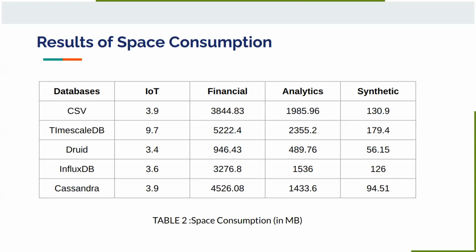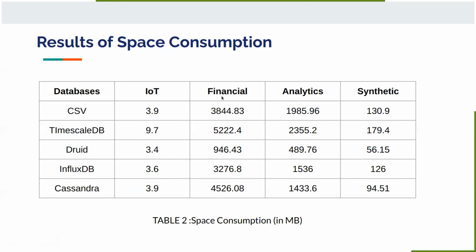So this is the performance metric of space consumption. The first row represents the original size of the data set in MB. The IoT data set is about 4 MB, the financial data set is about 4 GB, likewise. So in space consumption, as you can see, Druid is the best choice. It takes very much less space compared to all other databases.